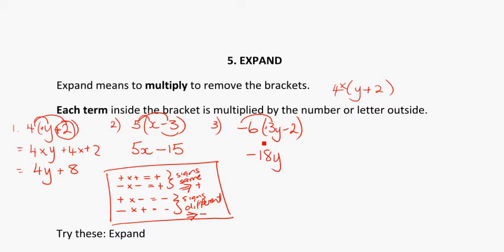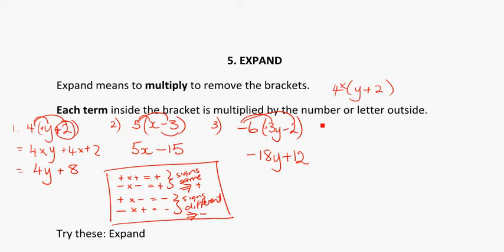Now, second term, negative 6 times negative 2. We've got a negative times a negative, which gives us a positive, and that goes in between, and then 6 2s are 12. So that's our answer, negative 18y plus 12.